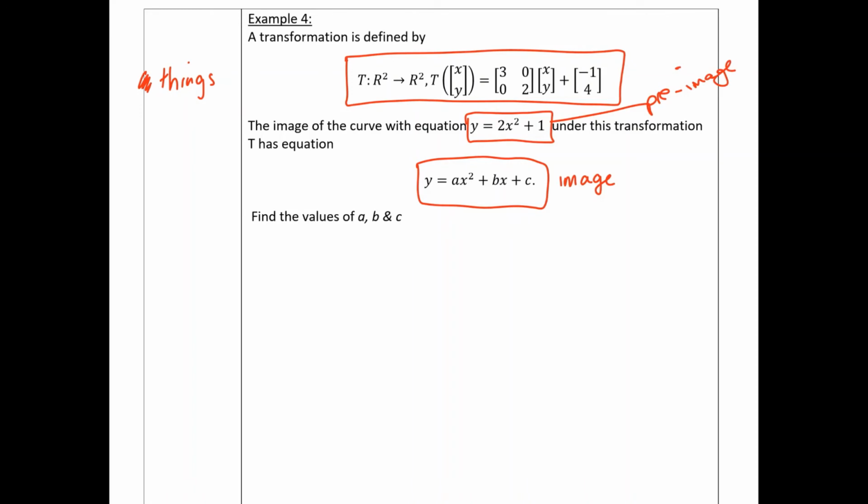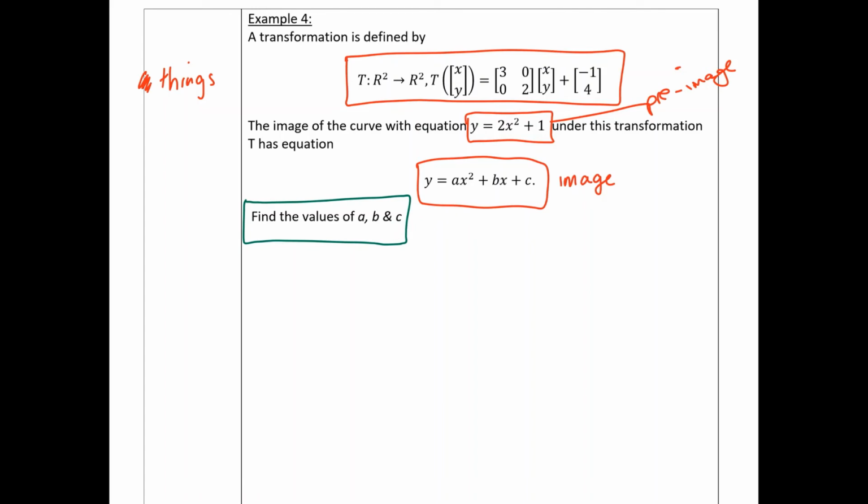Now that's really poorly worded, but very indicative of what we might find in the exam. The image of the curve with this equation under that transformation has this equation. What are we asked to do? We're asked to find the values of a, b, and c.